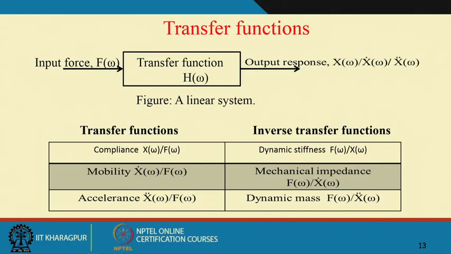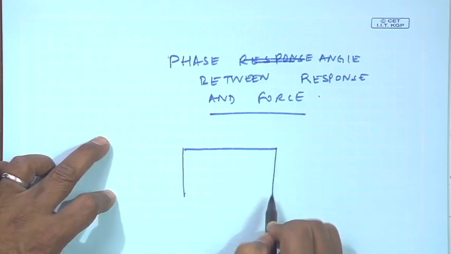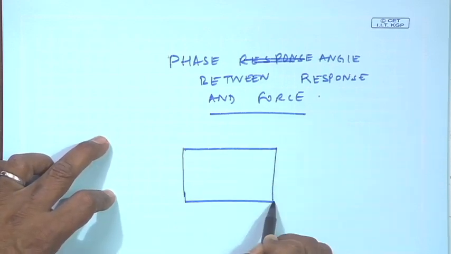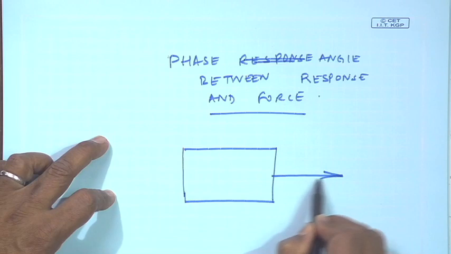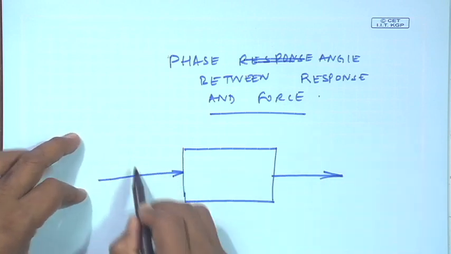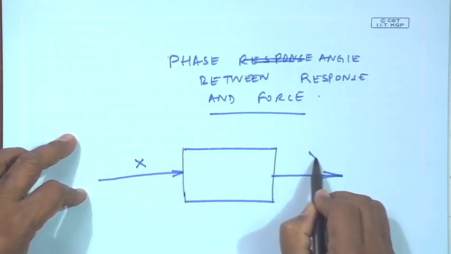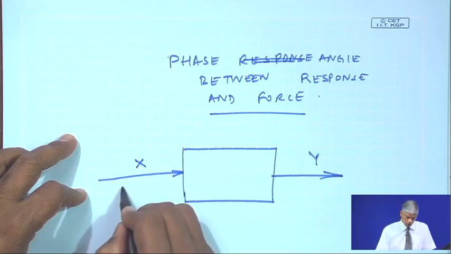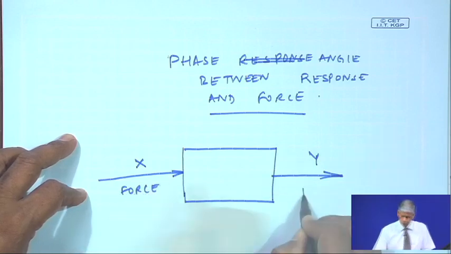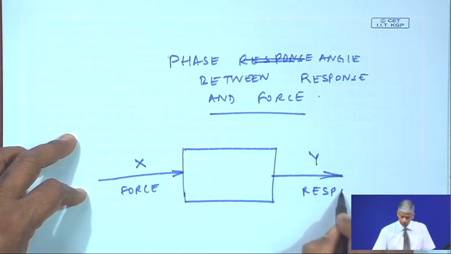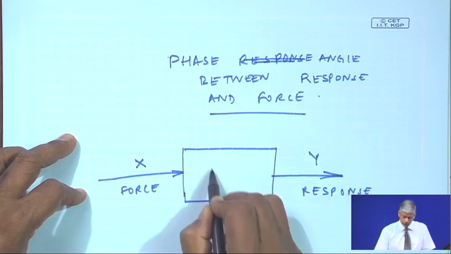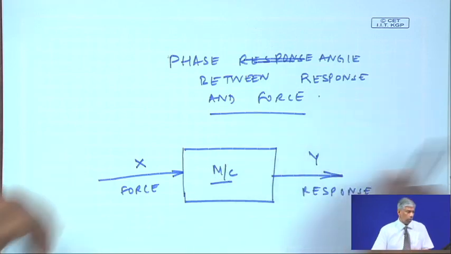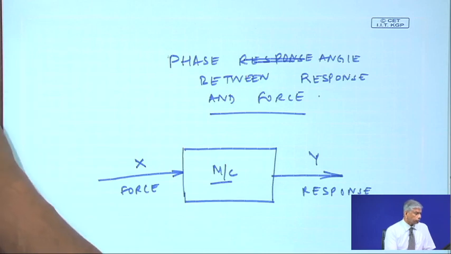Now, we have seen this for a single system, but in many systems you will see that there is an input and there is an output, or this could be a force and this could be a response, and this could be my machine or a system. Excuse me.